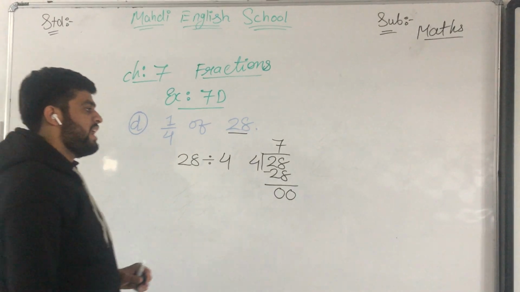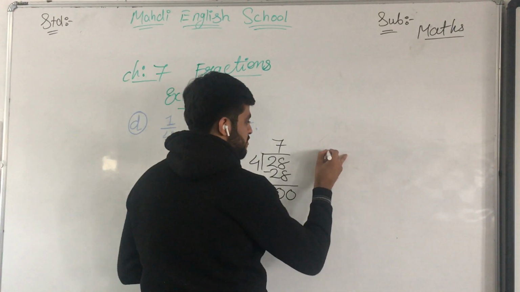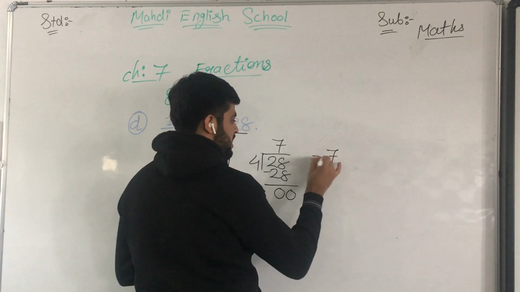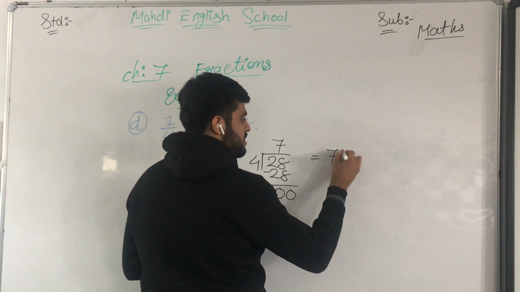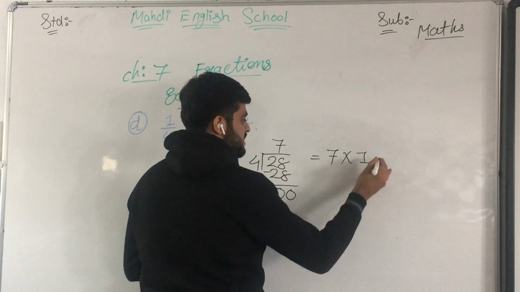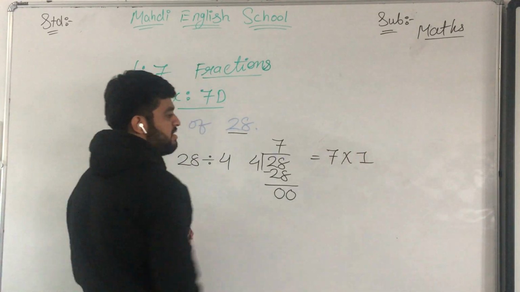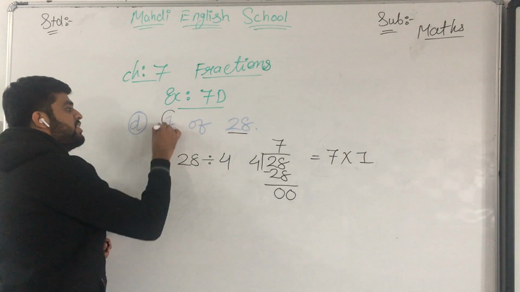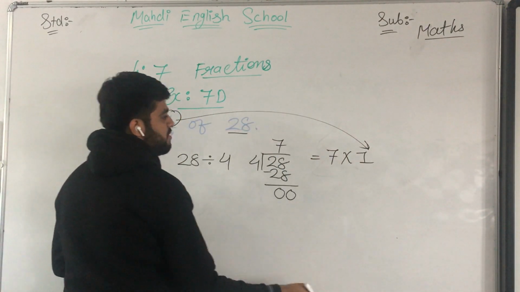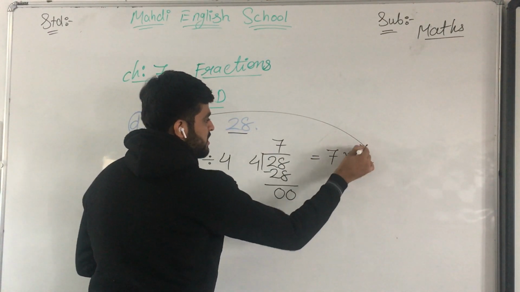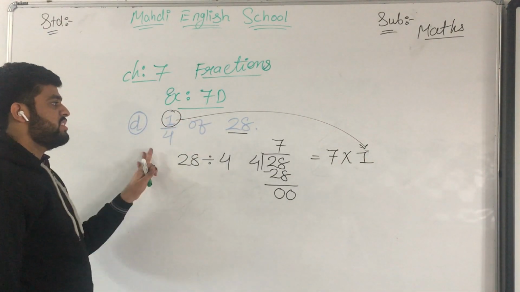Now we move on to the next step, multiplication. It means we put the sign of is equal to, then multiply, then 1. Why am I writing 1 here? Because our numerator is 1, and that's why we are writing 1 here. So it's the numerator.